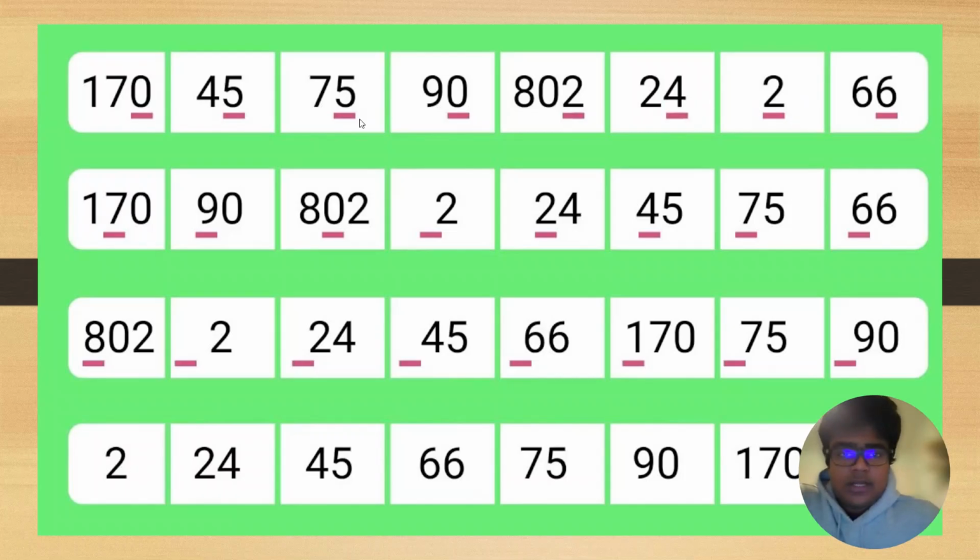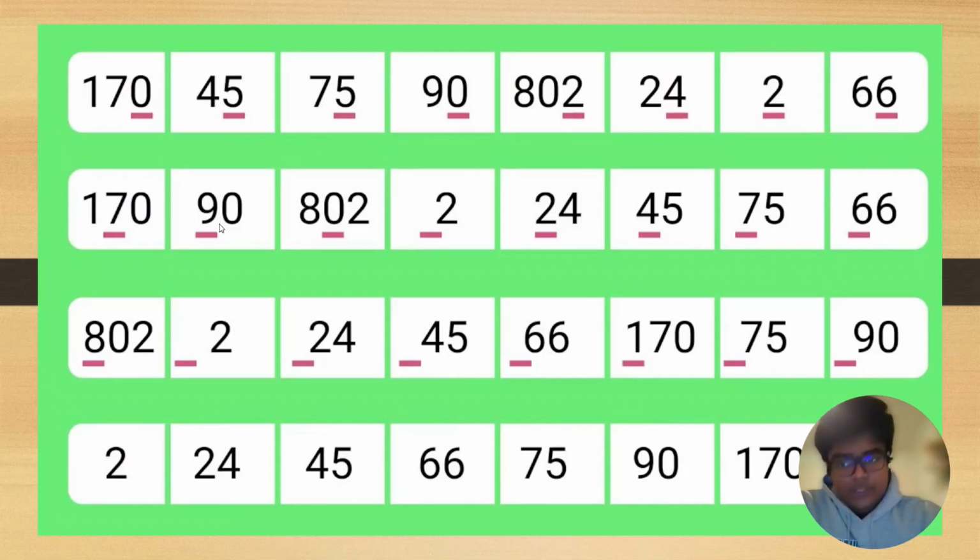Then it will use the counting sort algorithm, which sorts a set of numbers in order. It will only look at the units digit of each number and sort the numbers according to that. So the zeros will come first, as you can see in the second row, and then the 2, and then 4, 5, and then 6.